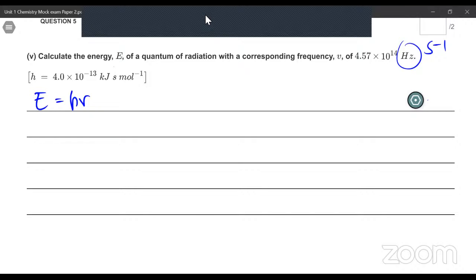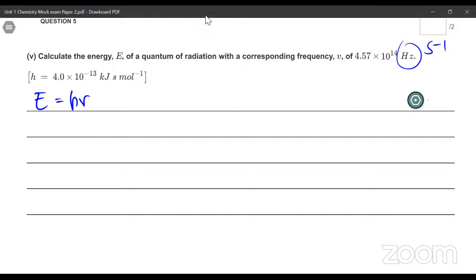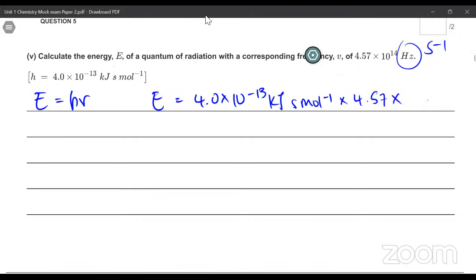Now, here they gave you a value for Planck's constant. It's not the one we usually use, but you can use it. So E would be equal to 4.0 times 10 to the minus 13 kilojoules second per mole, right? Multiplied by 4.57 times 10 to the 14 hertz, or you could put per second. Now per second cancels seconds.